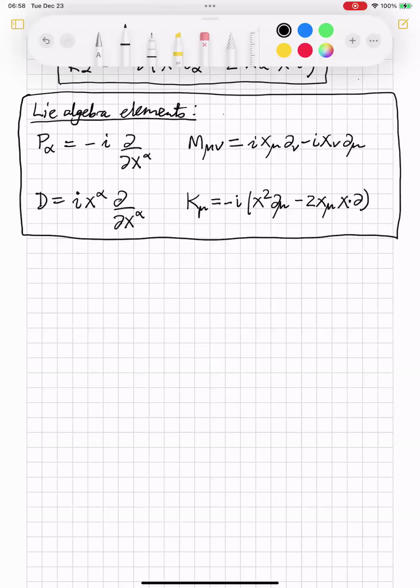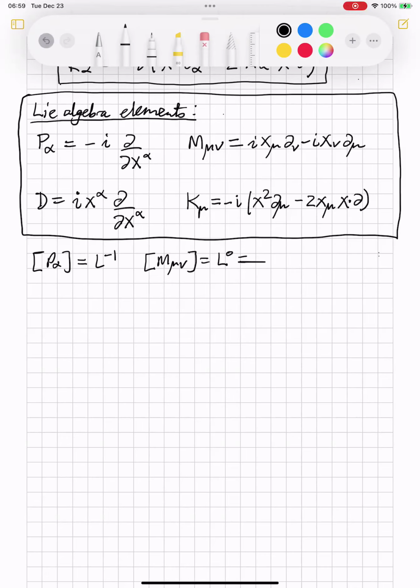The first thing I'm going to do is dimensional analysis. So look at P alpha. This is a d by dx alpha, so this is an inverse length. If you look at M mu nu, this is an x times d by dx in both terms, so that'll be length to the naught.